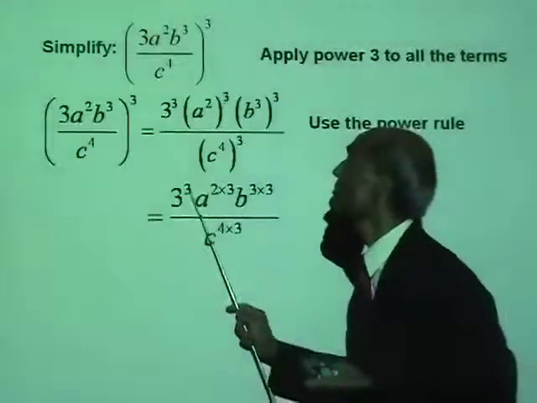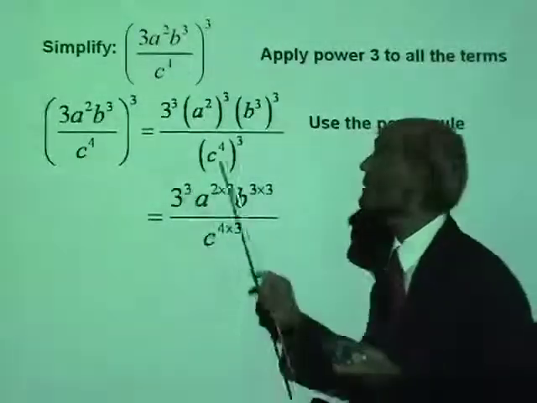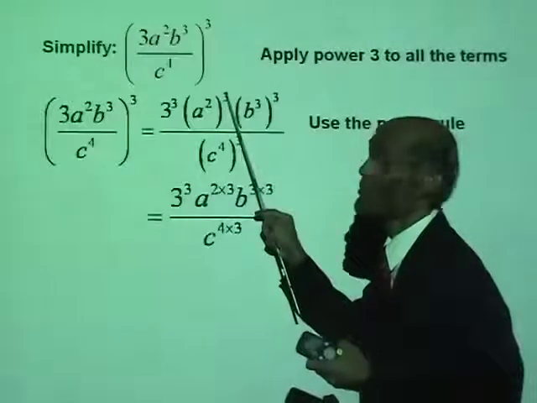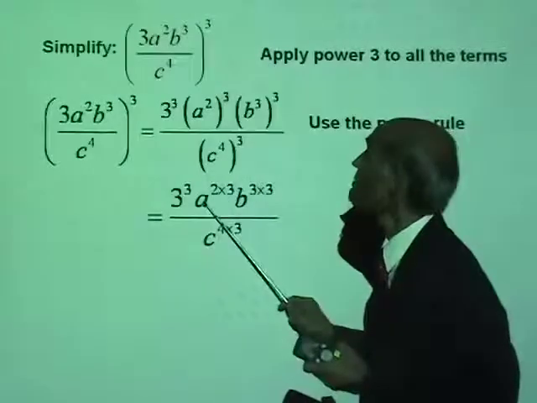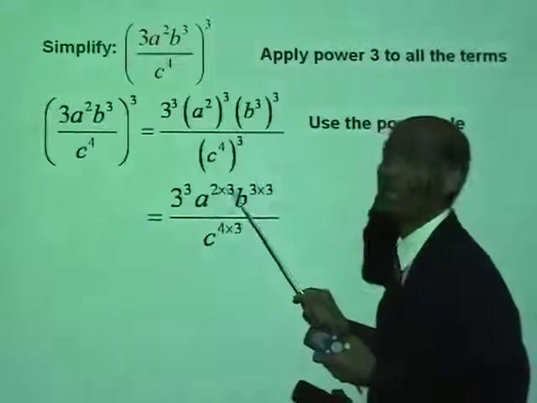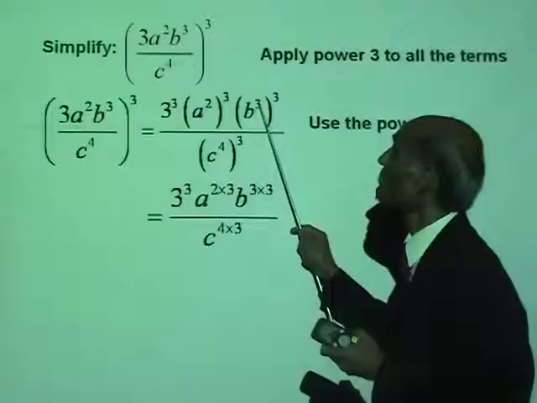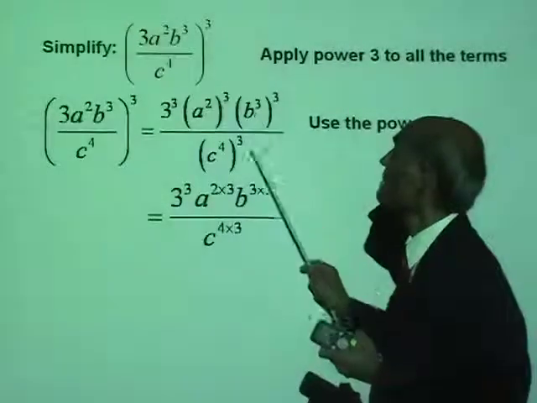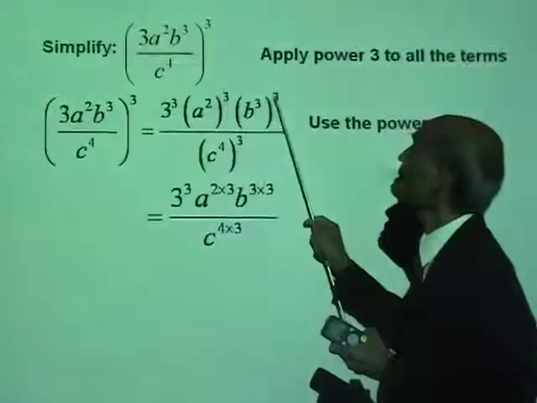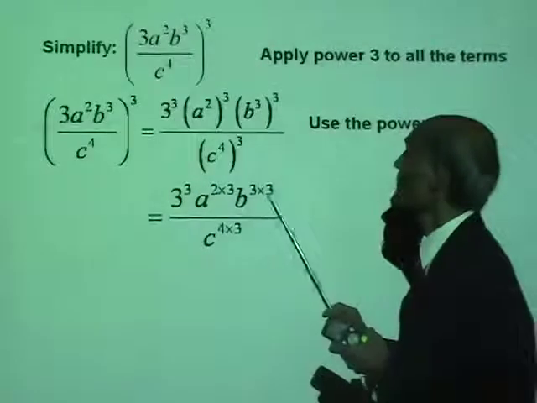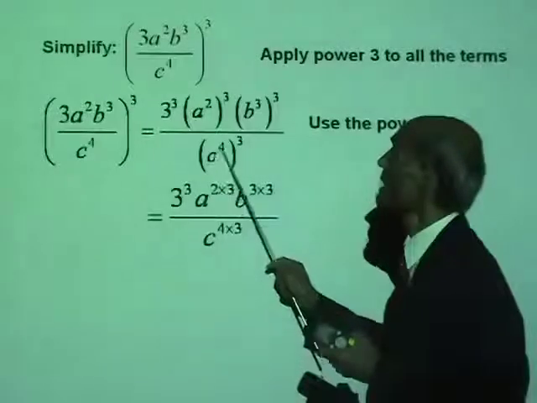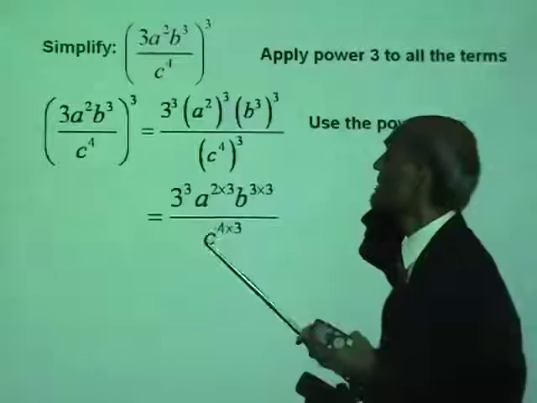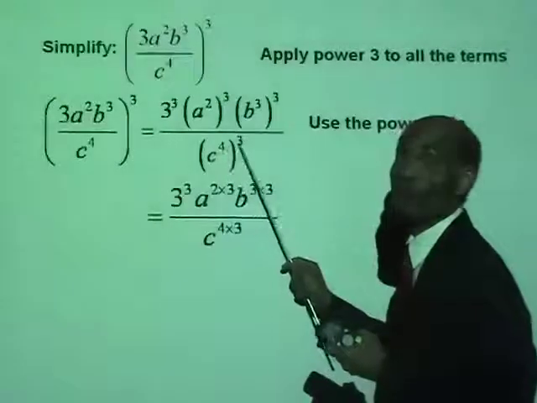3 to the power of 3 will remain as it is. A to the power of 2 all to the power of 3 is a to the power of 2 times 3. B to the power of 3 all raised to the power of 3 is b to the power of 3 times 3, over c to the power of 4 all raised to the power of 3 is c to the power of 4 times 3.